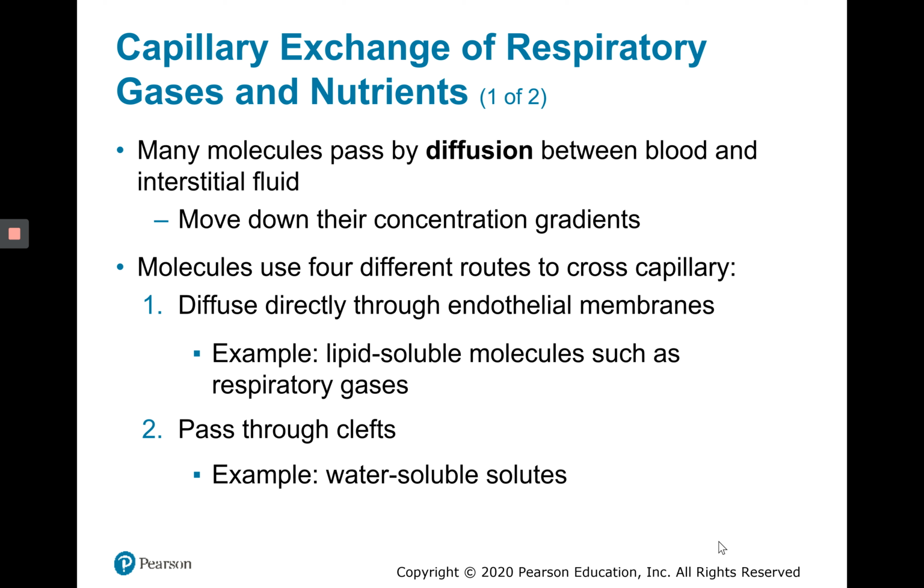An example would be a molecule that's lipid-soluble, because those lipid-soluble molecules could get through the plasma membrane without any channel or help needed. So not even any ATP, because diffusion is a passive process. So lipid-soluble molecules such as respiratory gases are very easily going to directly diffuse through thin membranes.